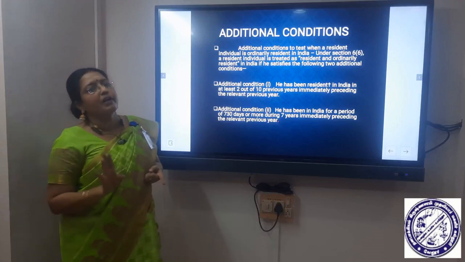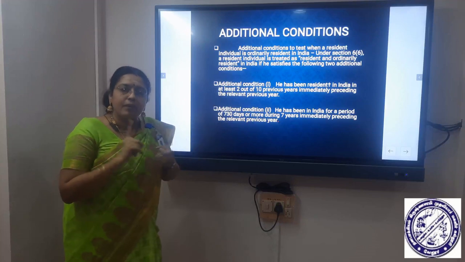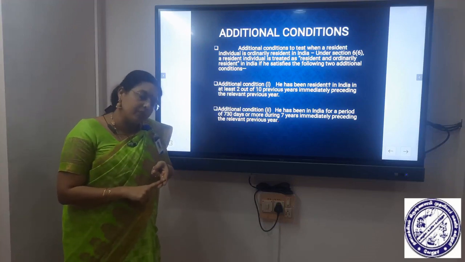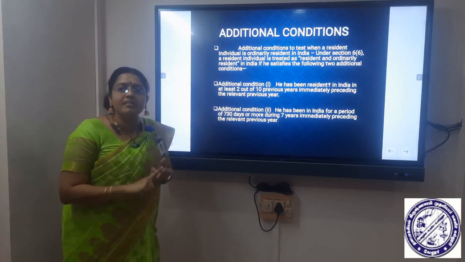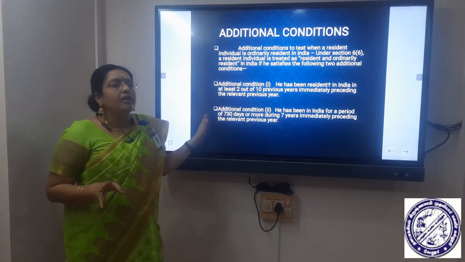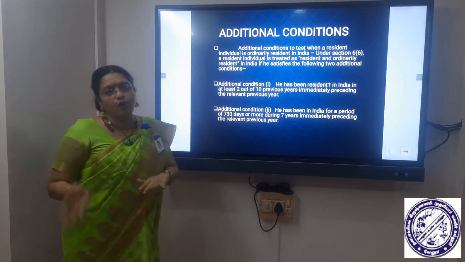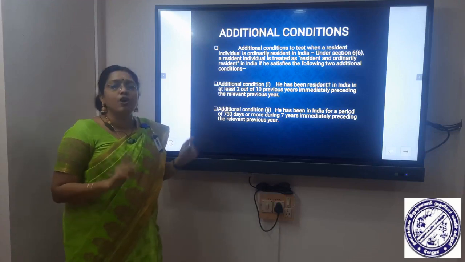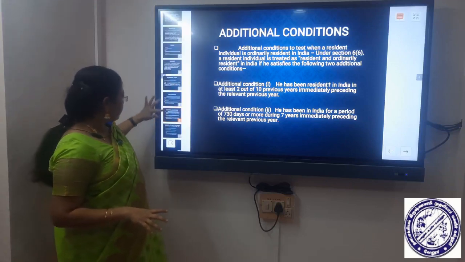Then only can they fulfill the additional conditions. If any one basic condition is fulfilled and both additional conditions are fulfilled, in this assessment year they get the status of resident and ordinarily resident. If they didn't satisfy the additional conditions, they get the status of resident but not ordinarily resident. If they didn't satisfy even the basic condition itself, they get the status of non-resident for this assessment year.